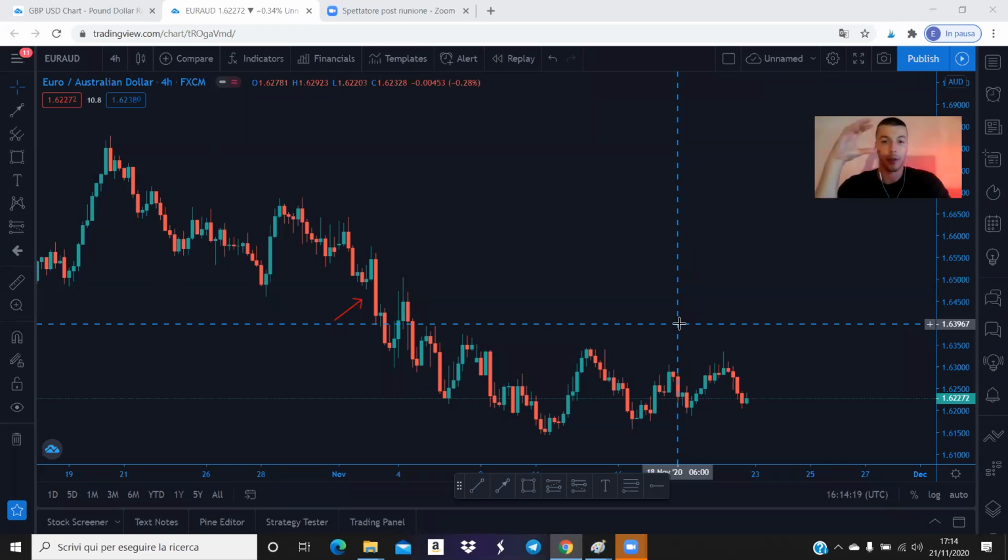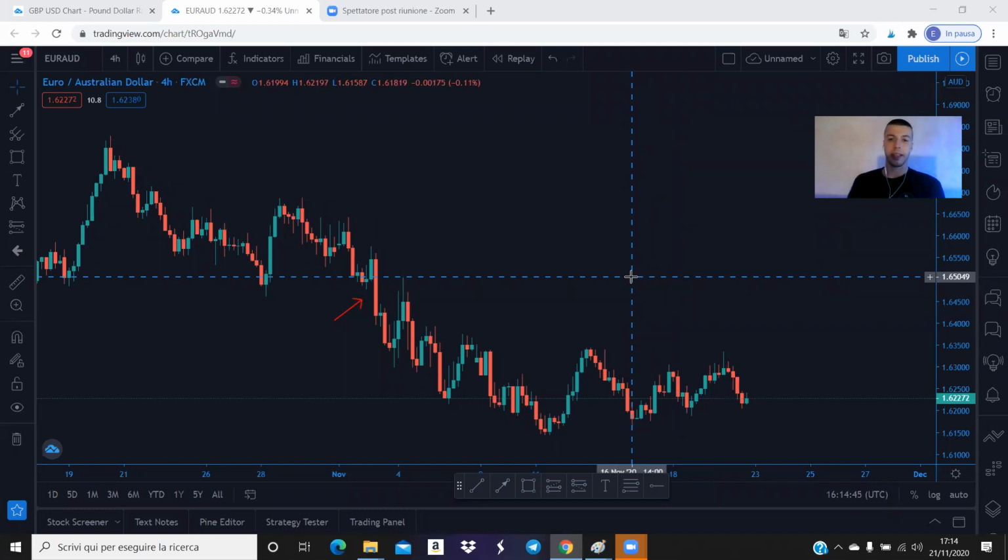So I start from the 4 hours, identify what's going on, identify the supply or demand, and then I go to the 1 hour in order to just adjust it a little bit, maybe just 5 pips and 5 pips in the other direction in order to have a more precise area in which I can enter. That's it. But it is the same as the 4 hours, just more precise.